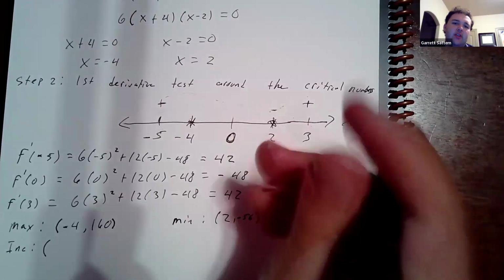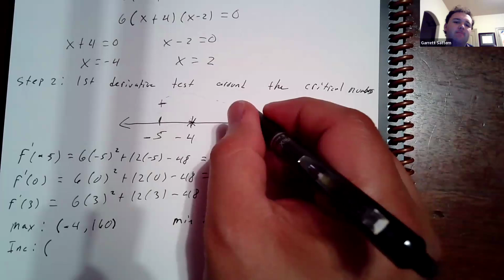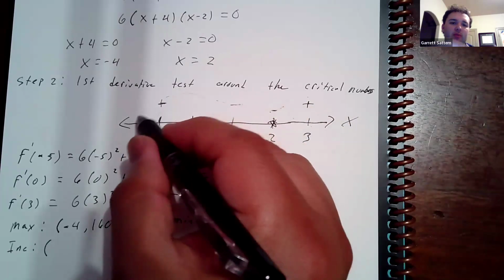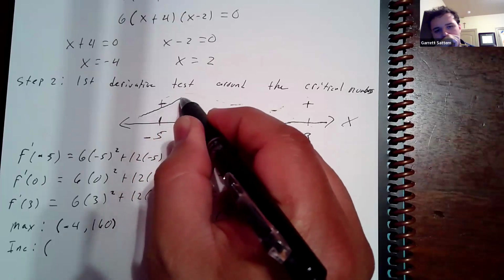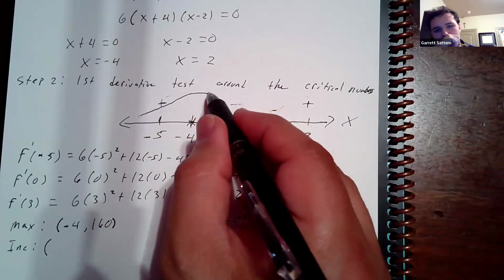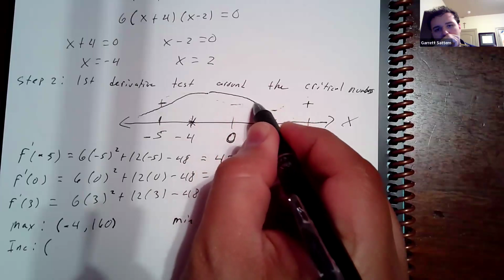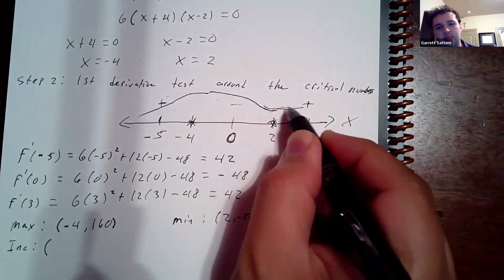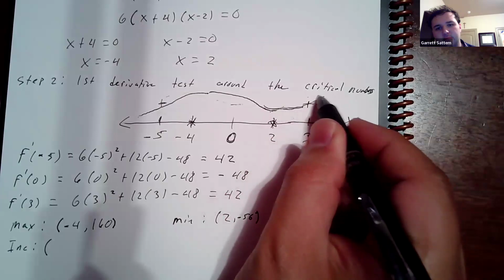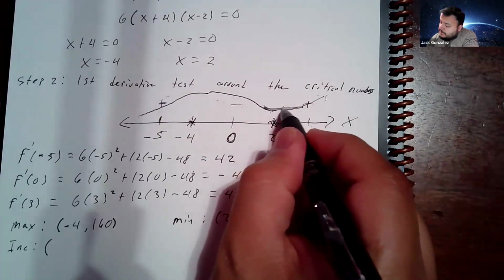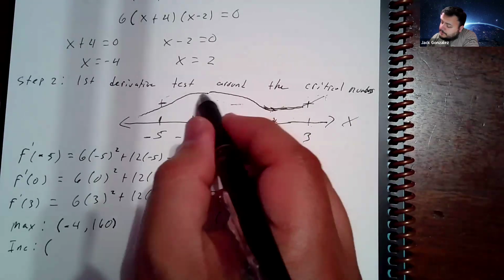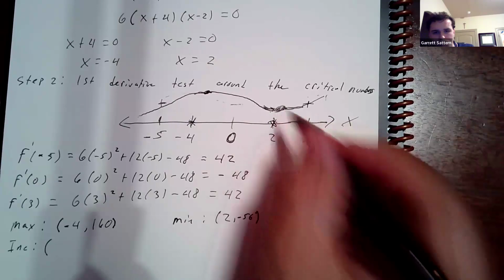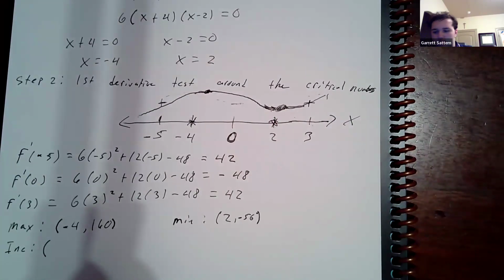I would say we are increasing at around -5 here, the way you drew it previously. And we're increasing again at +3. So remember, the change only happens at critical numbers. So we're increasing at 2 then.